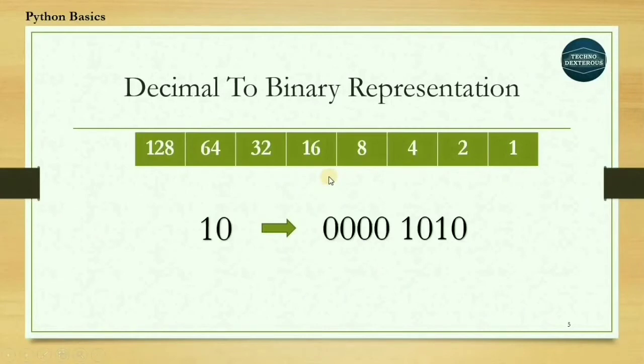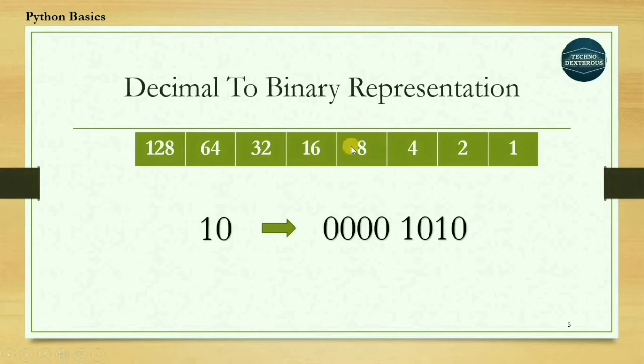First we find the closest number which is less than or equal to 10. On this scale, the closest number less than or equal to 10 is 8. So we consider the position of 8 and assign one flag to it.